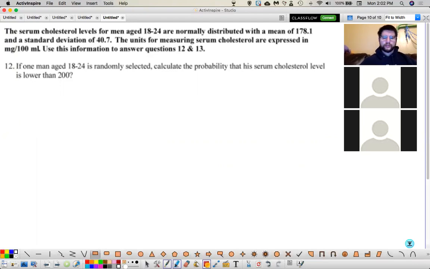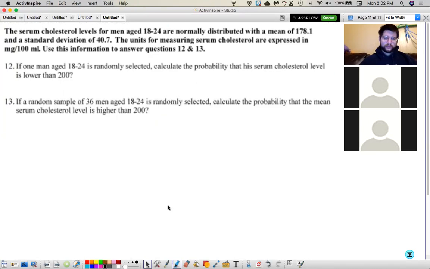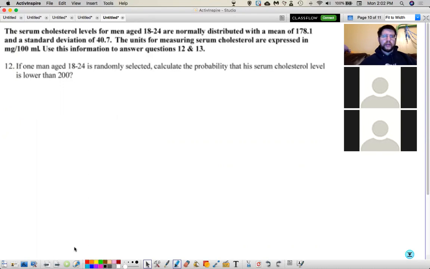So let's look at 12. First thing I'm going to do is write down my information. It's normally distributed. Mean is 178.1. We're not talking about a sample, we're talking about the population here.